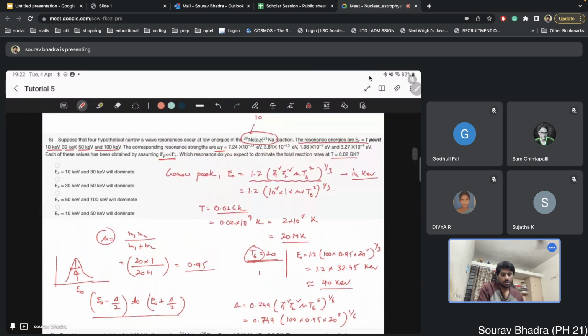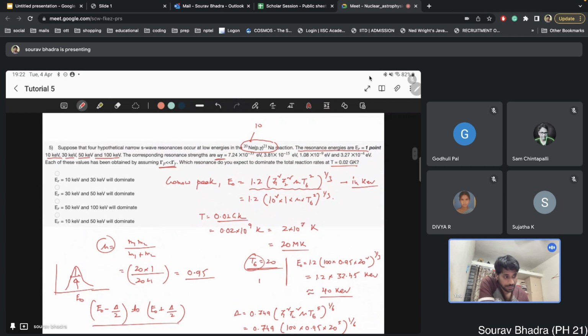And the options given for the energies are 10, 30, 50 and 100. So this 30 and 50 is in the range of E0 minus delta by 2 to E0 plus delta by 2.